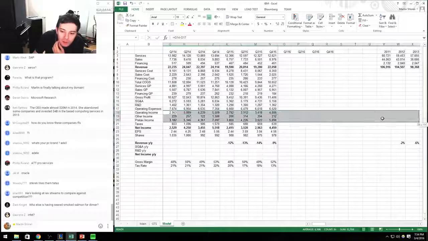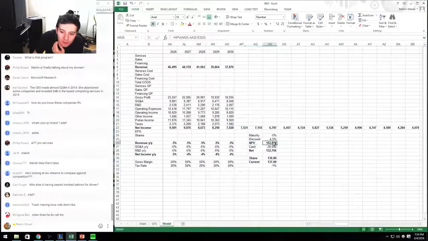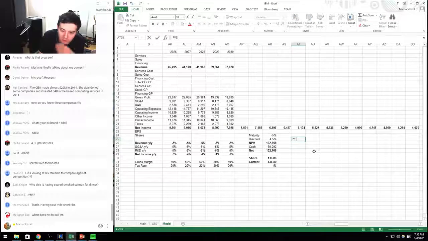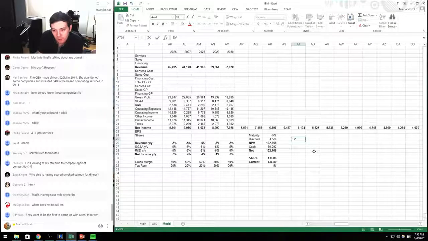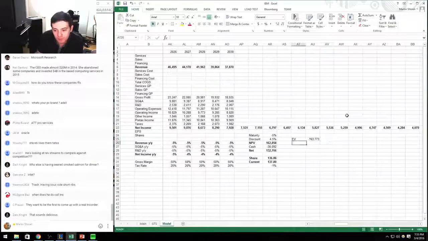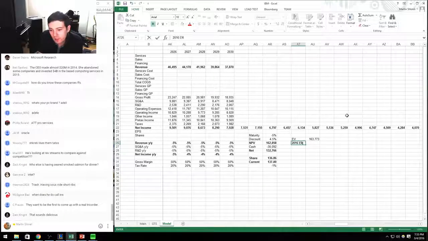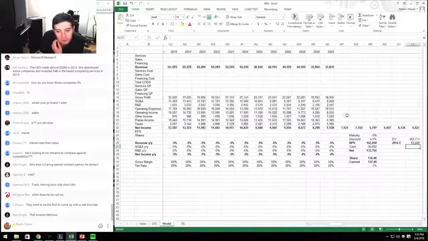But if we think about NPV, again, we get a shortcut with earnings ratios. So let's look at a price to earnings ratio, or enterprise value to earnings ratio. We know the enterprise value of IBM is, excuse me, 160 billion right now. And the 2016 earnings are projected to be, according to our model, 13.3 billion.